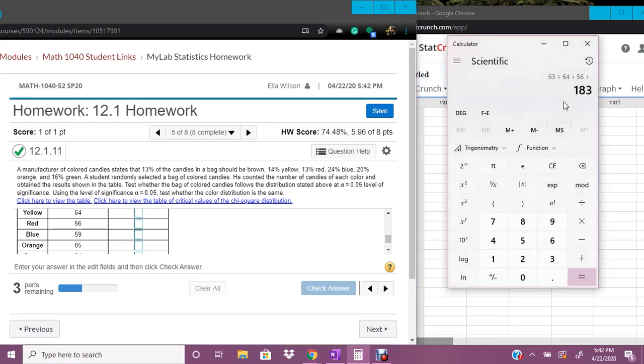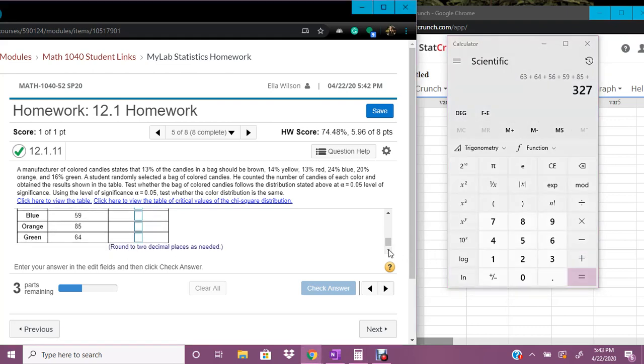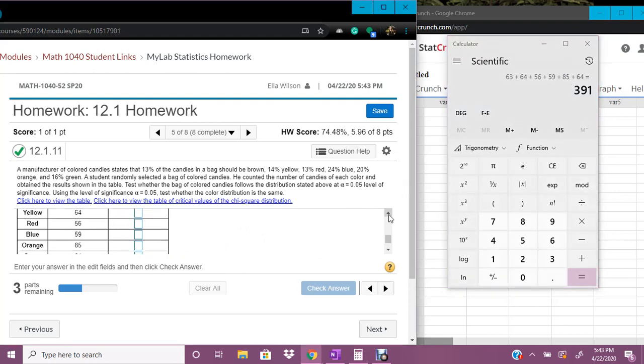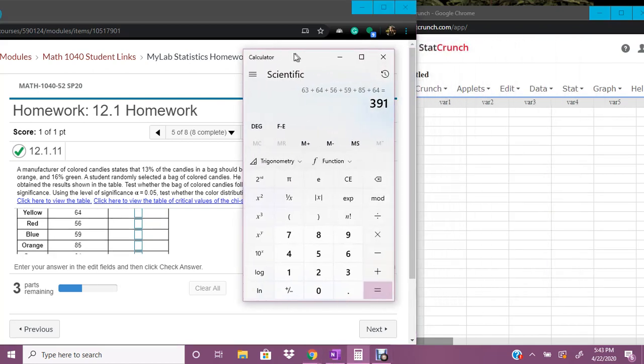So this is our total right here. Do we still have 6 colors? 1, 2, 3, 4, 5, 6. Okay, good.